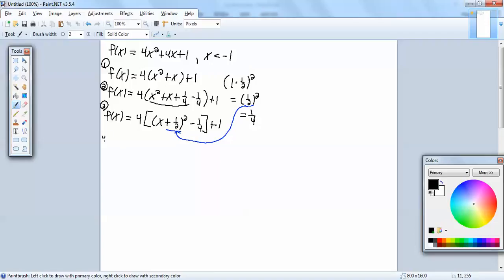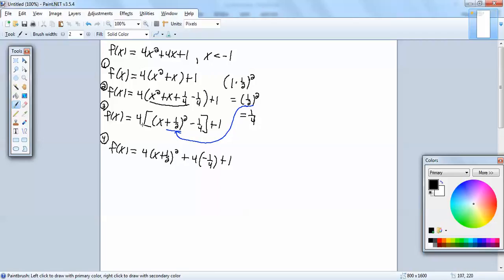Now step 4. Multiply the number that we factored out in step 1 times the first grouping and then the number. So we're going to take 4 times x plus 1/2 squared, and we'll take 4 times negative 1/4.